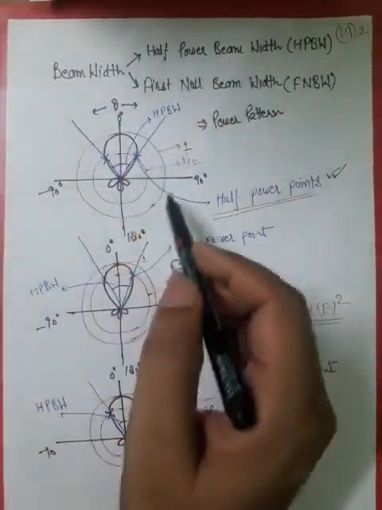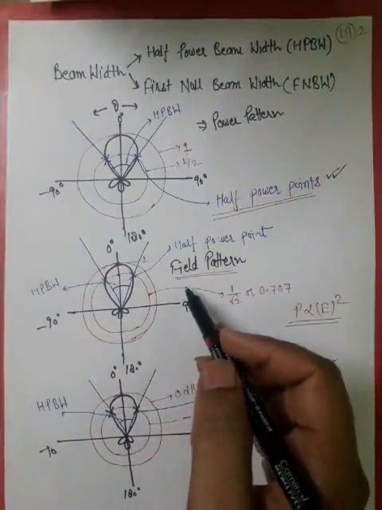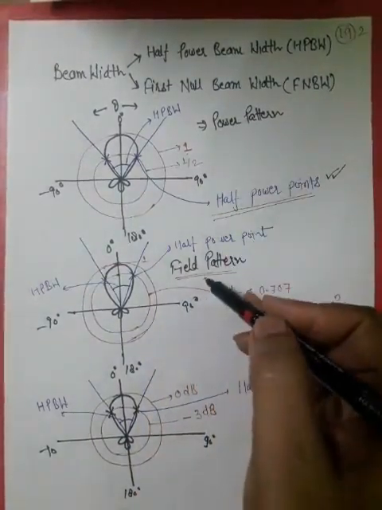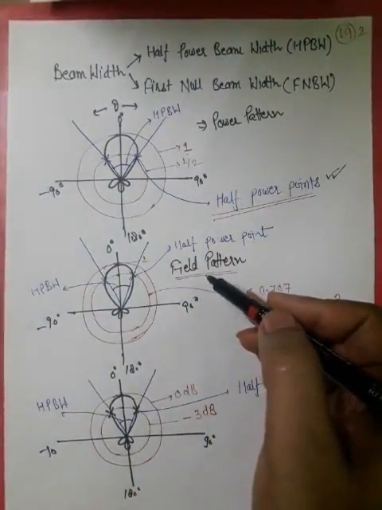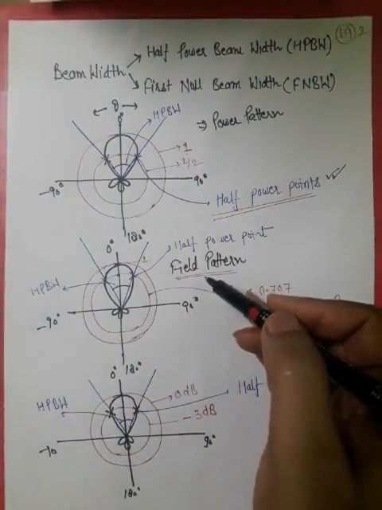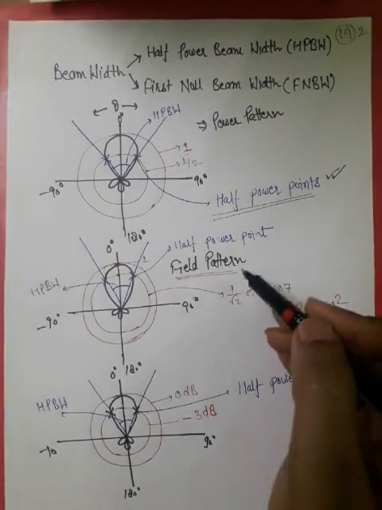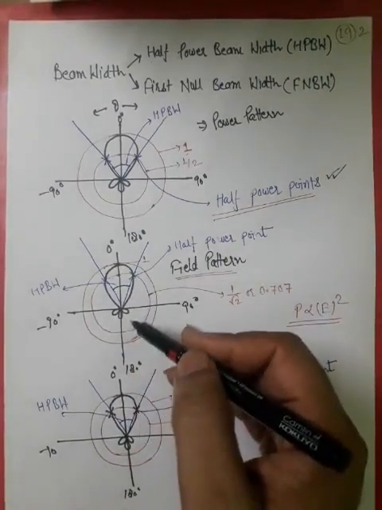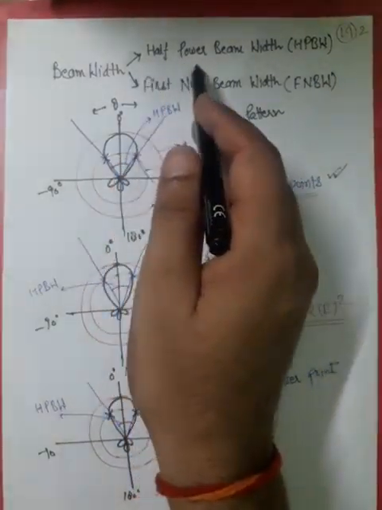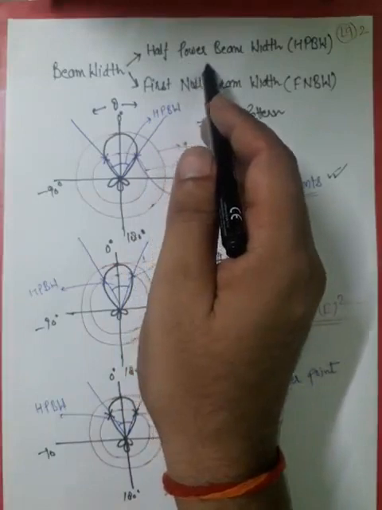Now if you look at another radiation pattern, which is plotted with the electric field value, we used to call it the field pattern. This is plotted with the electric field value, but we are talking about half power.